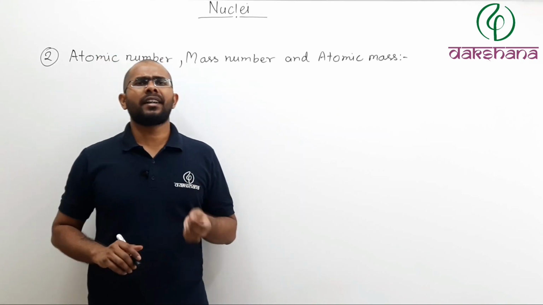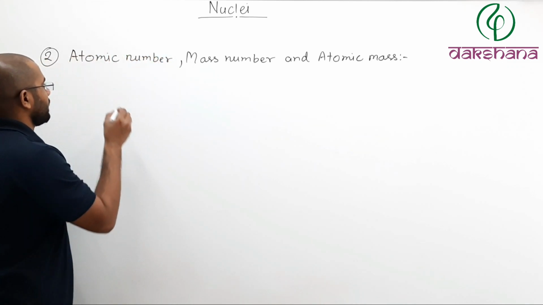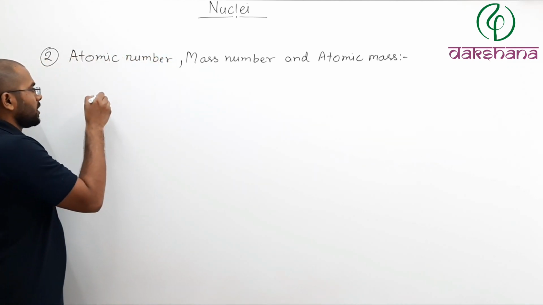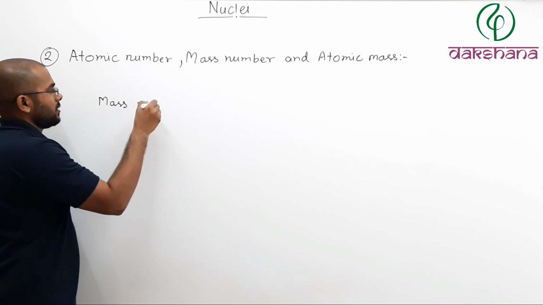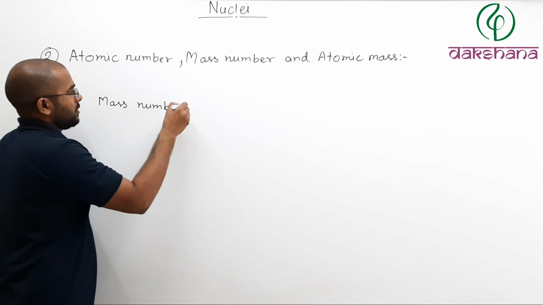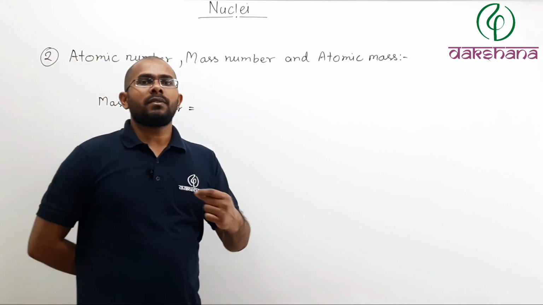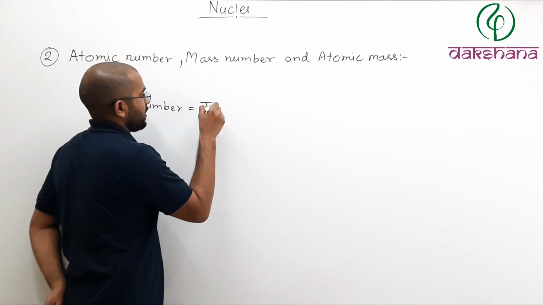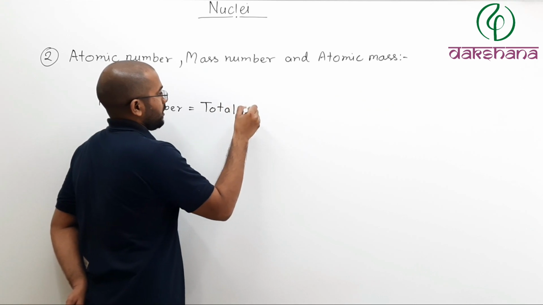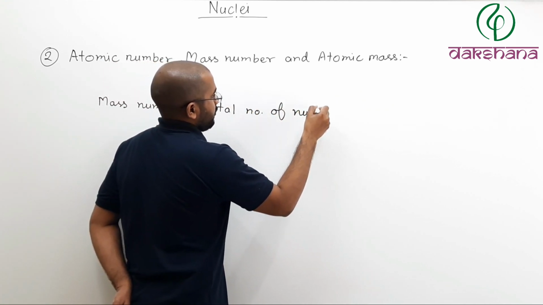Now we have already talked about mass number. What was your mass number? Mass number is actually the total number of nucleons.